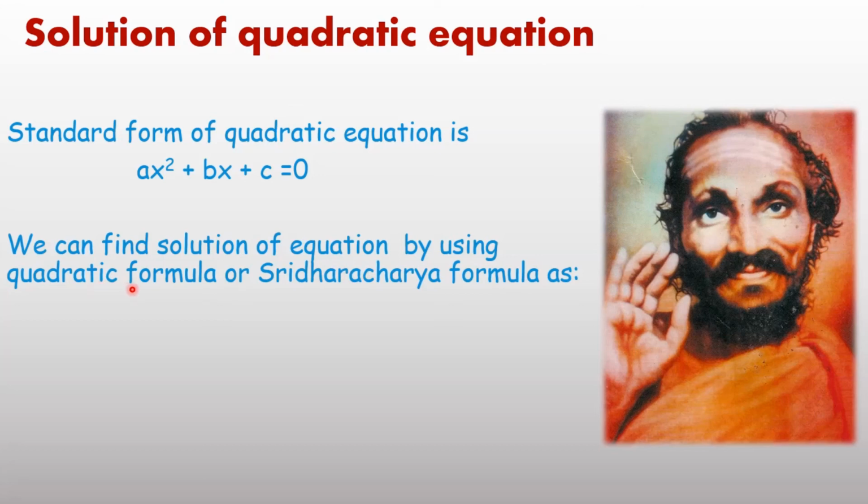This quadratic formula was first given by Sridharacharya, therefore it is also known as Sridharacharya formula, which is x equal to minus b plus minus under root b square minus 4ac upon 2a. Up to class 10th we have covered that if b square minus 4ac is less than 0, there is no real root. Now here, no real root means you will get complex roots.